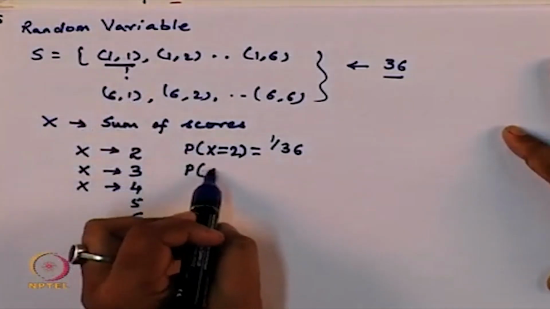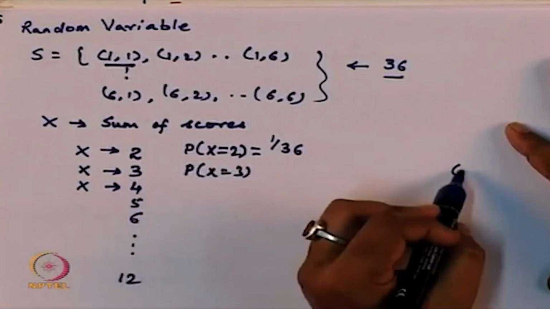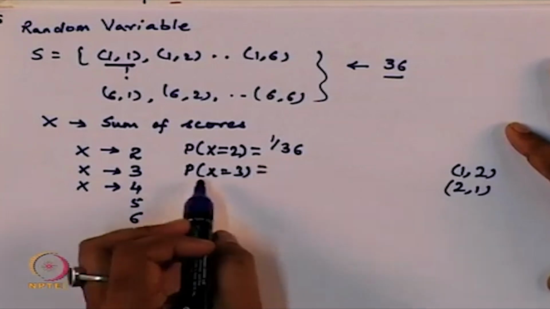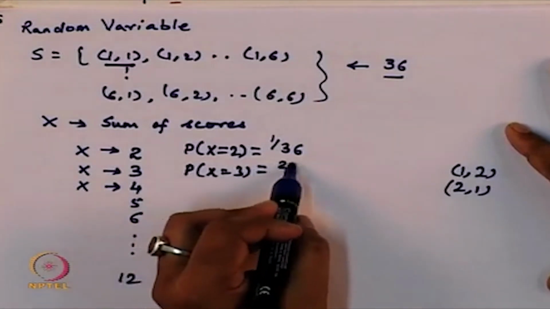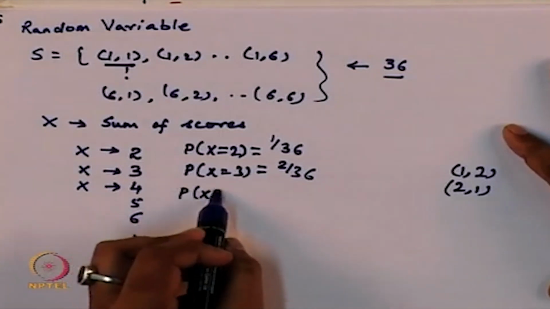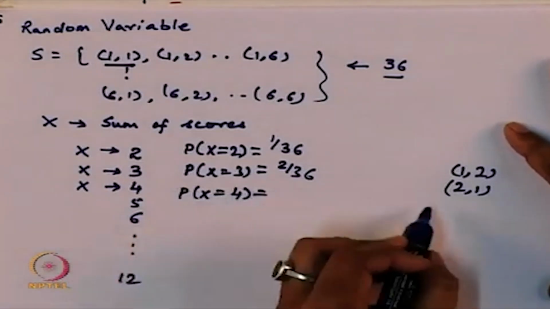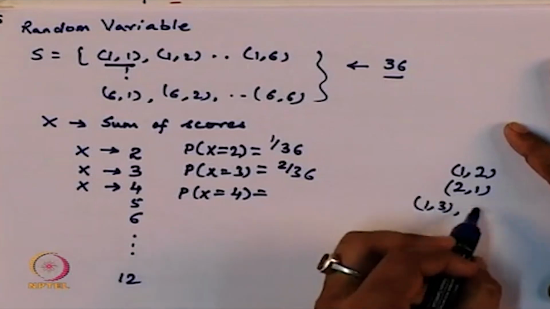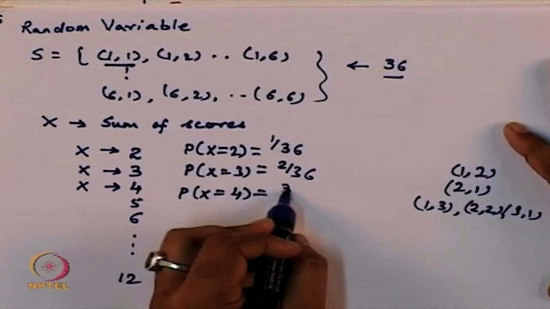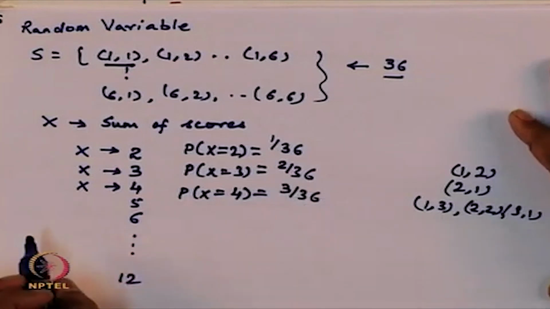What is the probability of x equal to 3? So, what are my combinations? Either I have 1 2 or 2 1. Okay. Probability of x equal to 3 is 2 by 36. Probability of x equal to 4: so I have 1 3, 2 2, 3 1, which is 3 by 36.